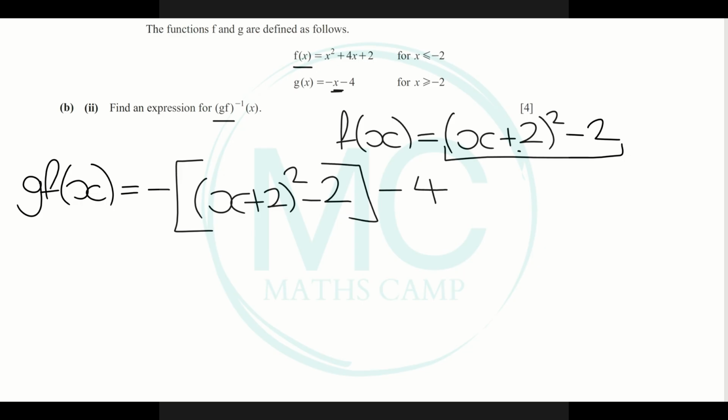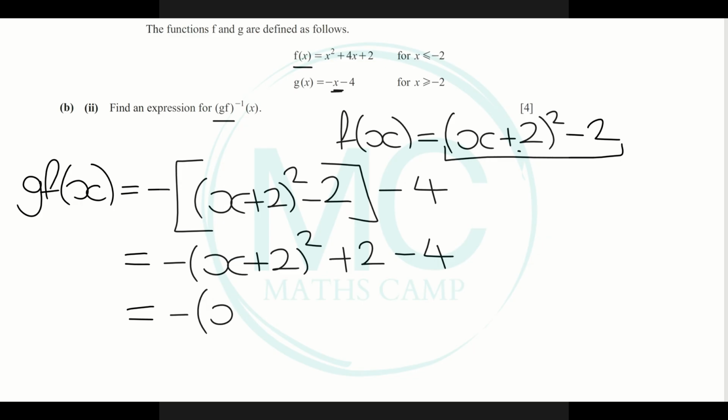Now I can tidy this up, and I get negative (x + 2) squared, minus negative 2 becomes plus 2, minus 4. Let's add like terms, and I get negative (x + 2) squared plus 2 minus 4, which is negative 2. And this is the equation for the composite function gf of x.